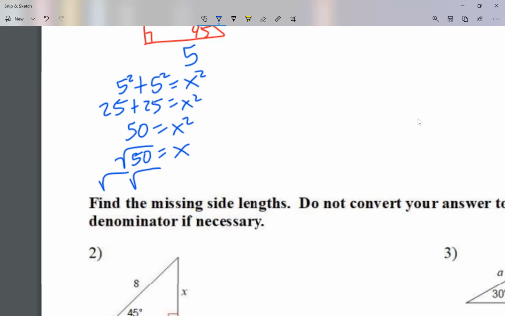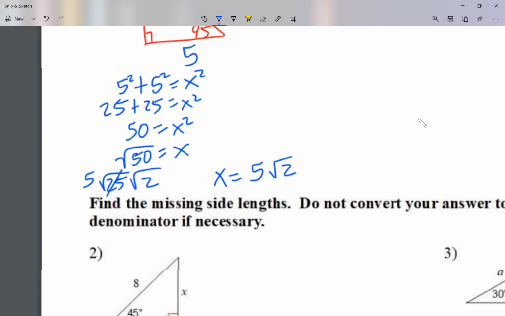So I'm thinking of two numbers that multiplied equal 50, but one of them has to be a perfect square. In my case, I'm going to think 25 times 2, right? 25 times 2 is 50. 25 is a perfect square. I know the square root of 25 is 5. So this simplifies, so x is going to be 5 radical 2.